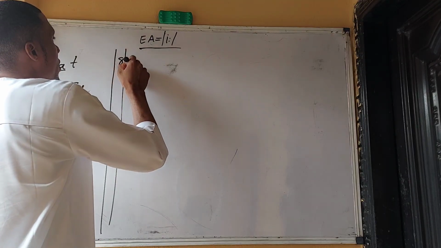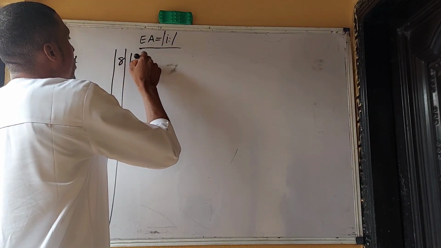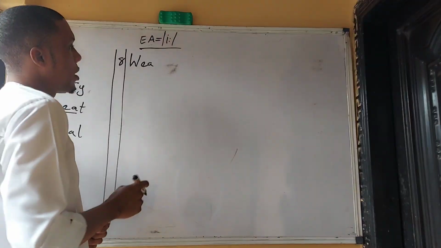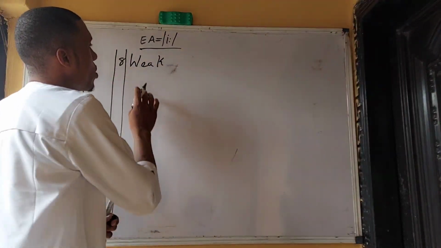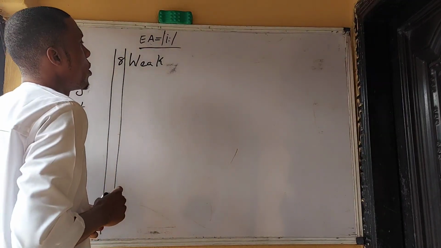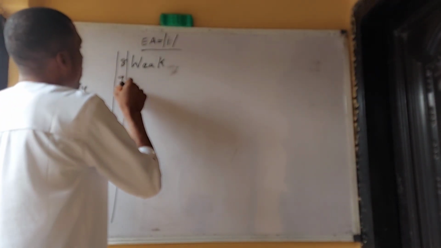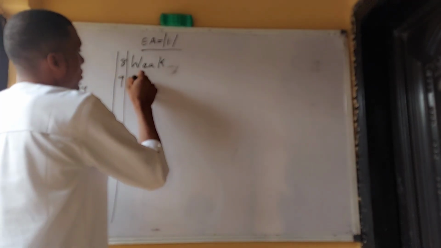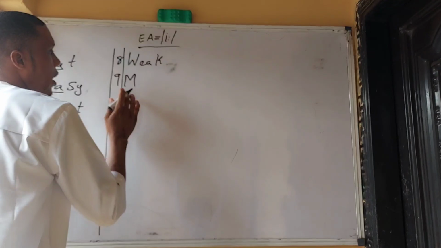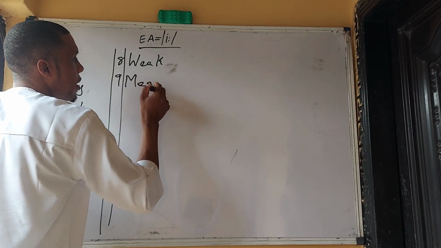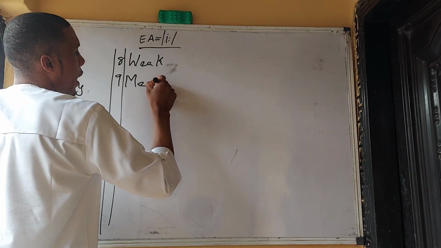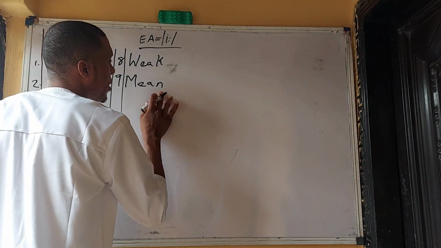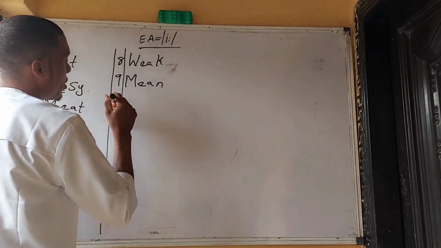Number 8, W-E-A is we. We. If you add K to it, it becomes what? Weak. Weak. Is that correct? Number 9, M-E-A is what? Me. Me. If you add N to it, it becomes what? Mean. Mean.